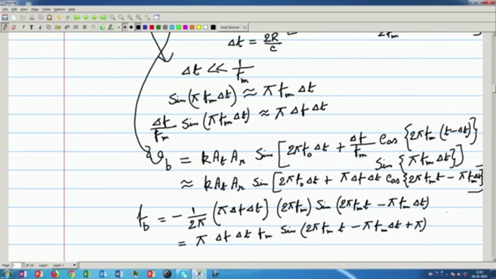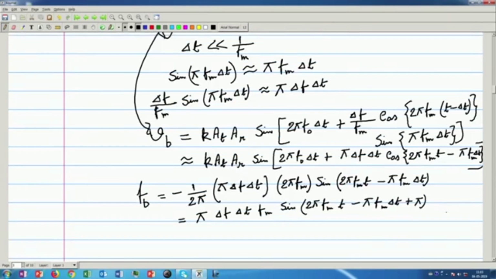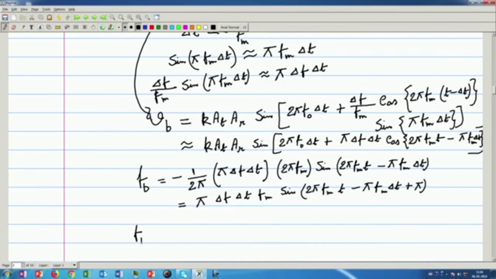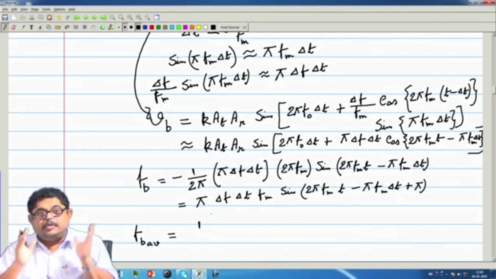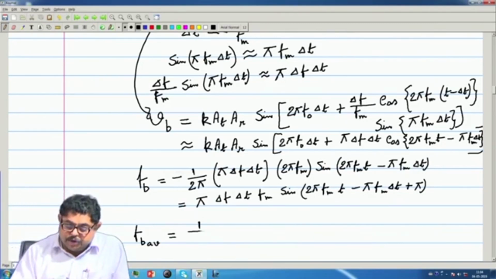plus π. Okay. Now, you see that sinusoidally this frequency is changing with time. So, bit frequency is not constant in time, but I can measure the average, I can put an averaging meter. So, let me see what will happen if I average that, I am calling f_b average. We know how to take average. So, over one half cycle I will make that average, because we know that up frequency and down frequency are always changed. So, over a half modulation period we will do that.